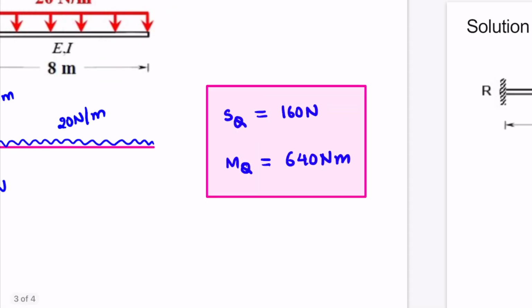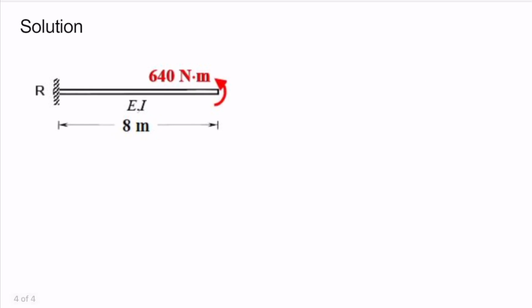Now we'll proceed towards the last structure. For this we will again draw the free body diagram here. So this is the cantilever beam having the applied moment 640 Newton meter. So we'll draw the free body diagram for it. Since there is no applied load, either point load or the UDL, there will be no upward or downward load here at the support, that is there would be no shear force.